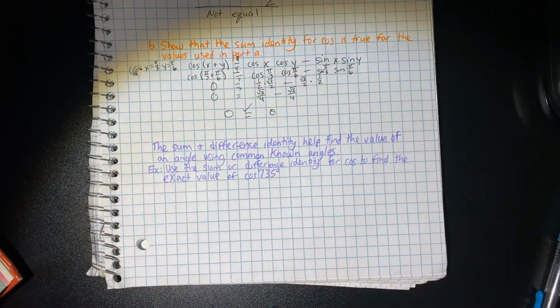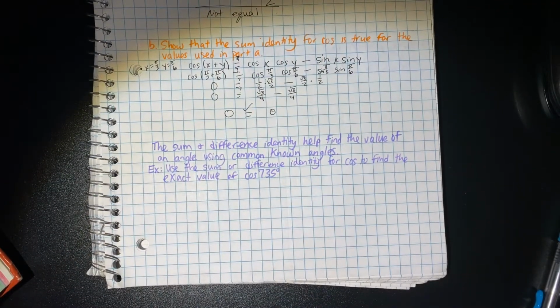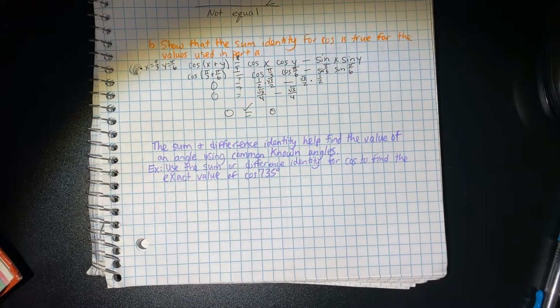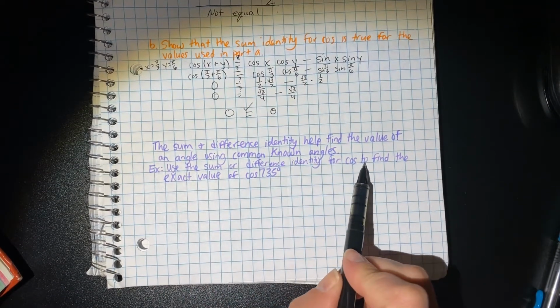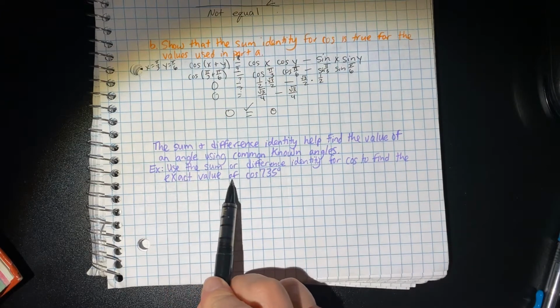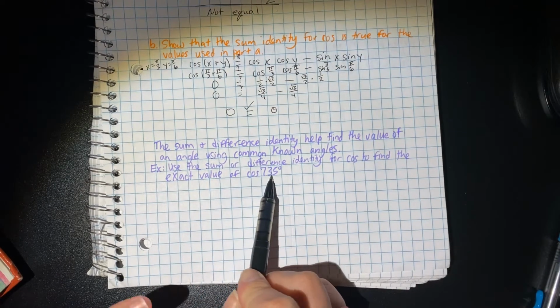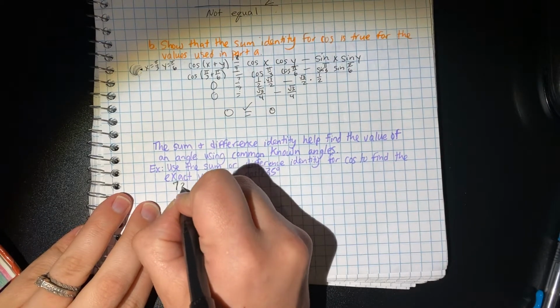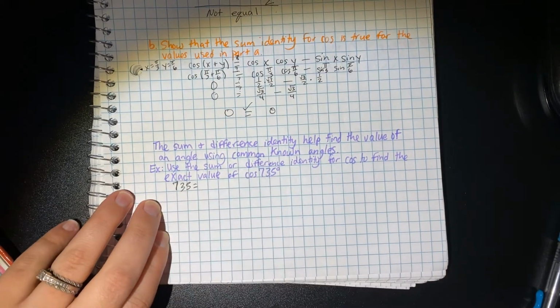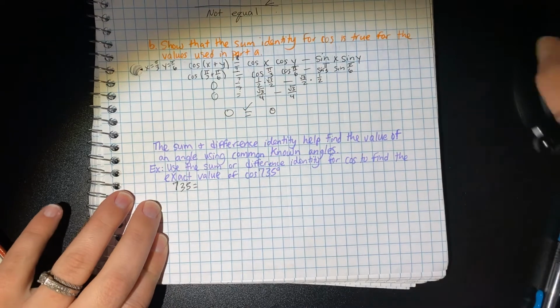The sum and difference identities help to find the value of an angle using common known angles. All right, so using your unit circle. Use the sum or difference identity for cosine to find the exact value of cosine 735. Well, first thing we're going to need to do is find out what in the world 735 is.